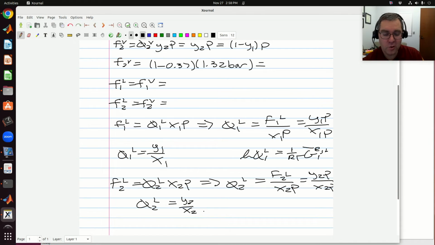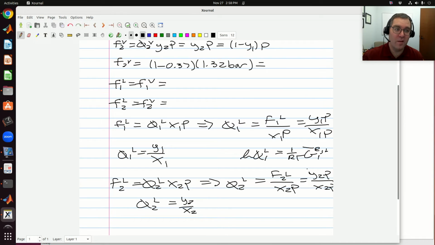Likewise, for component 2, I'm going to end up with x2 greater than y2. So phi2L is going to be less than 1. I apply the same equation, and I end up with the fugacity coefficient of component 2 in the liquid being less than 1, or the partial molar residual Gibbs free energy of component 2 in the liquid being less than 0.